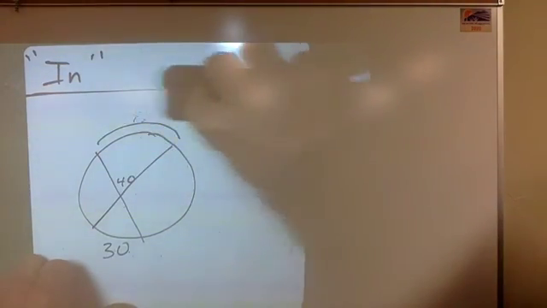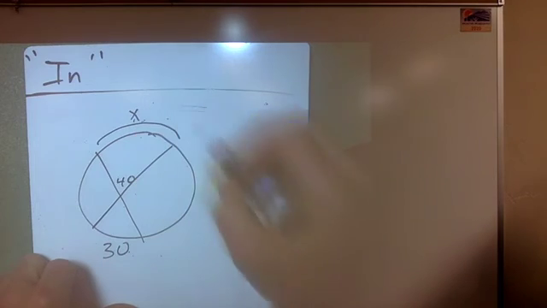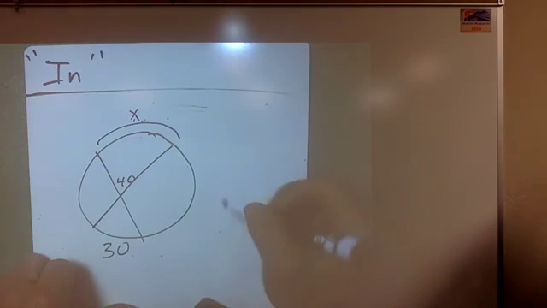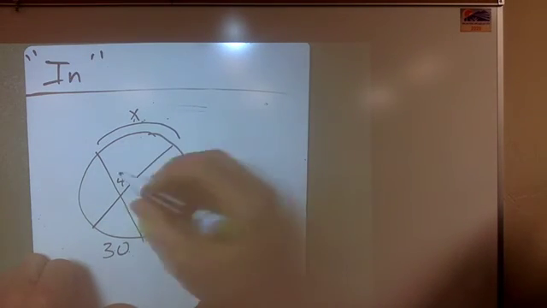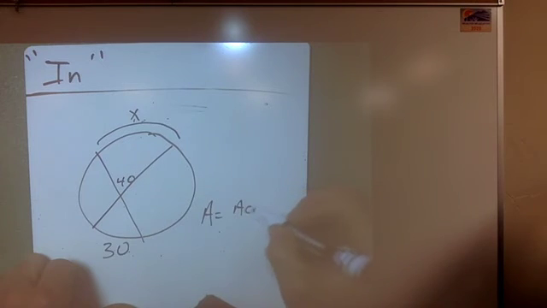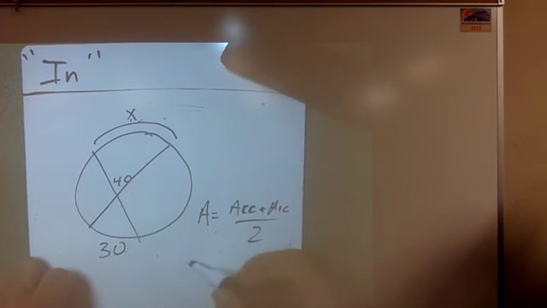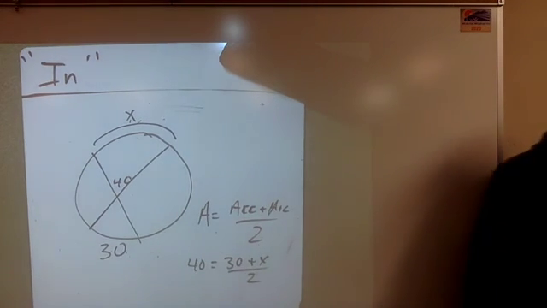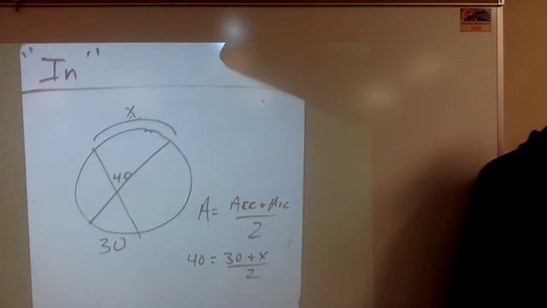But if you use the algebraic formula, your angle is equal to arc plus arc divided by 2. You could fill in some of the numbers here. Our angle was 40. One of our arcs was 30. The other one is the X that we're trying to solve for, all divided by 2. How do you solve for X in this problem?